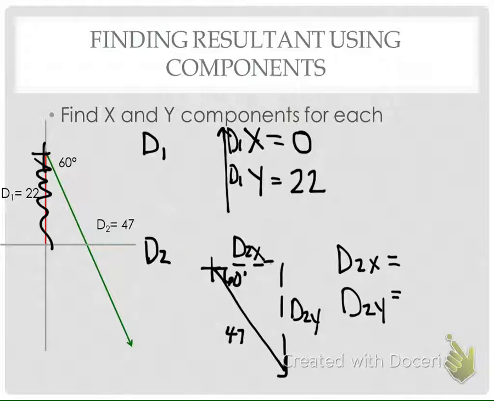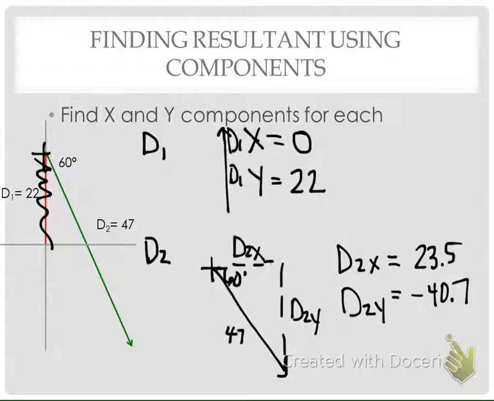So each vector now has an individual x and y component. d2x would be the cosine: 47 cosine of 60, which is 23.5. Can our x component remain positive, or does it need to be negative? The x is positive, it's going east. 47 sine of 60 for the y. I got 40.7. Positive or negative? Negative, because it's going south.